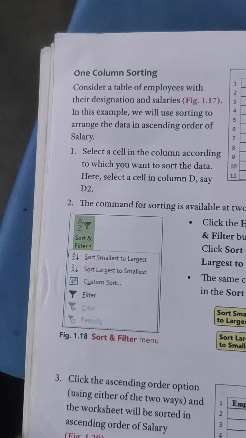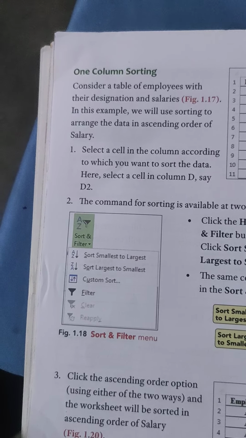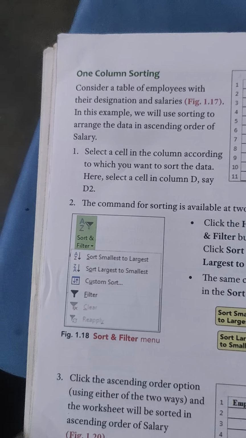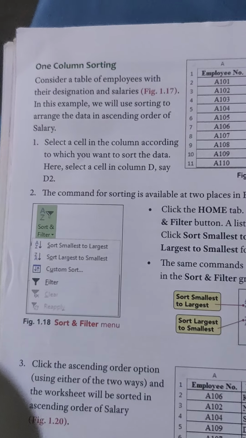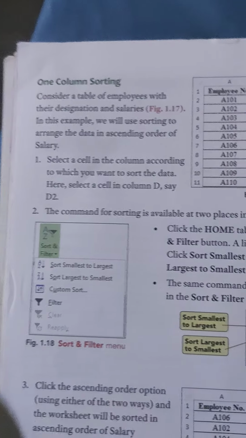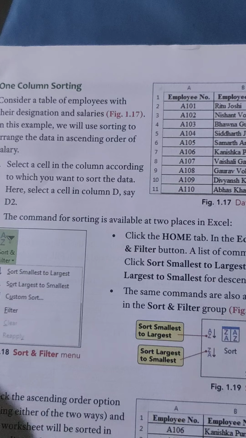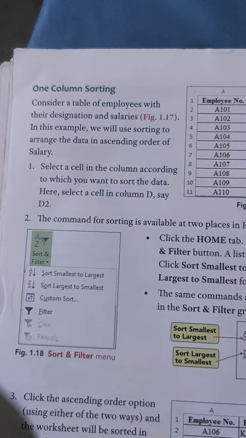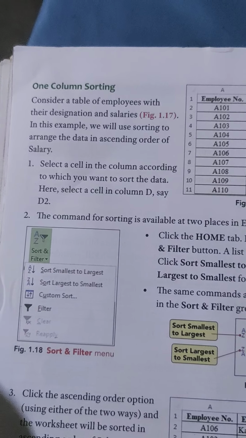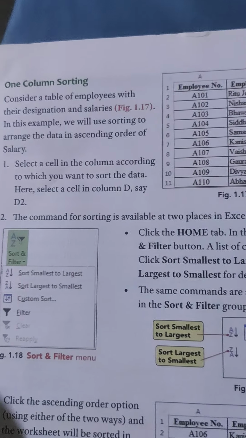Now if there are two different numbers that contain 3, among those two, the number which is greater, for example 300 and 3000, 3000 is greater than 300, so 3000 would come first and 300 would come second.